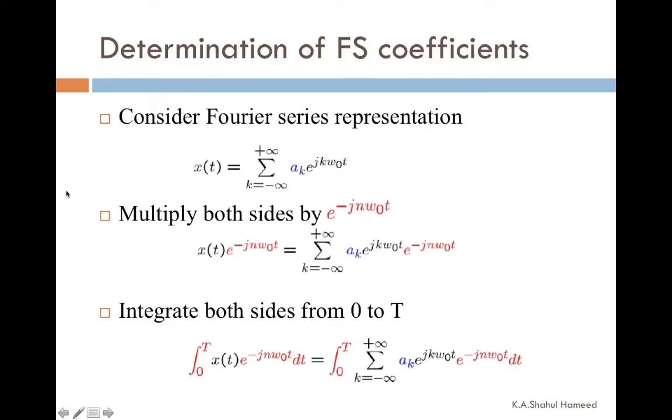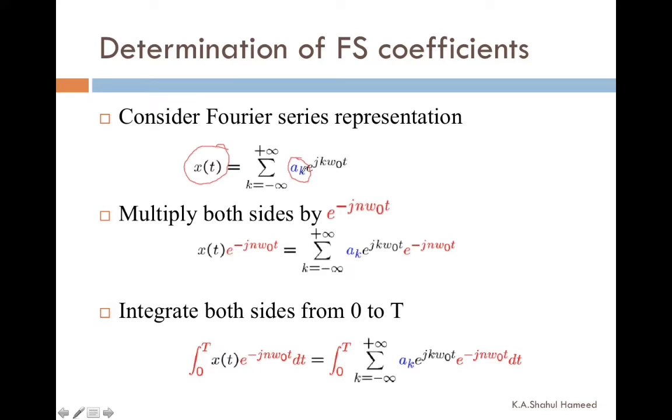Now it's very important to know how to find this Fourier series coefficient. We have a representation, that is x of t is equal to summation k equal to minus infinity to plus infinity a suffix k e power j k omega naught t.